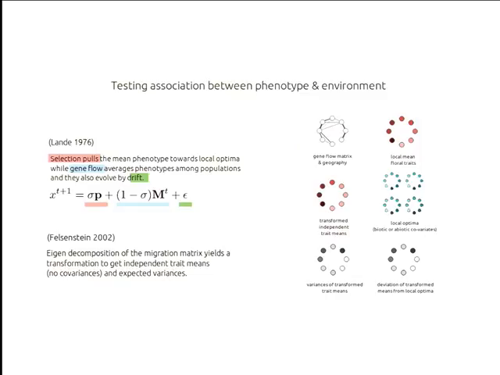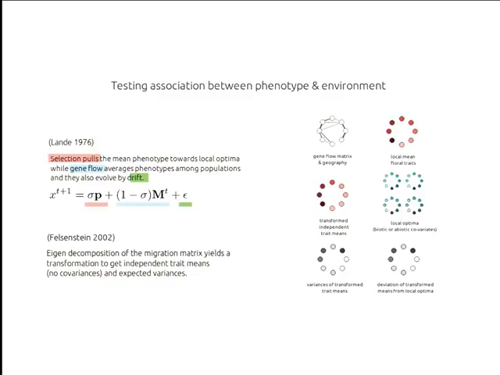So what you do is, using your knowledge of gene flow and your local measurement of trait means that you're interested in, you can apply this eigen decomposition of the migration matrix to get independent transformed values for the trait means. So this is sort of like independent contrasts for traits on a tree. We then have some local optima, which we don't actually know in these populations, but there's something that we can measure that might be correlated with it, such as measurements of our local biotic community.